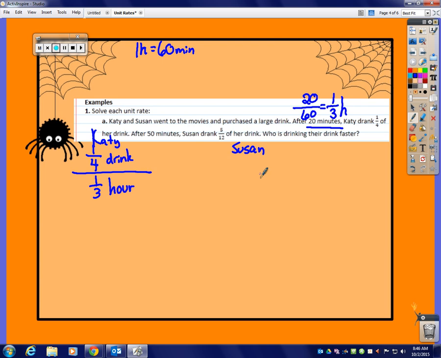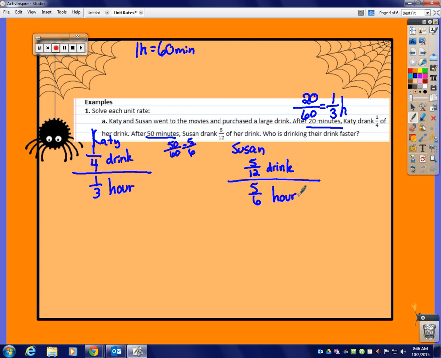Susan drank 5/12 of her drink, and she drank it in 50 minutes. But remember, I want it in an hour, so 50 over 60 simplifies to 5/6. So Susan's setup is going to look like this.